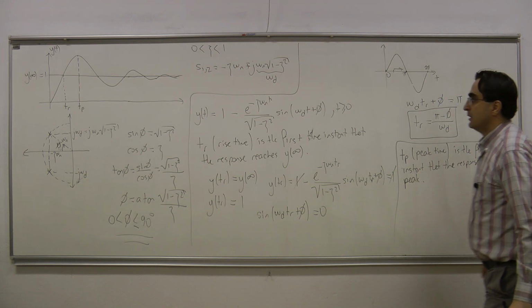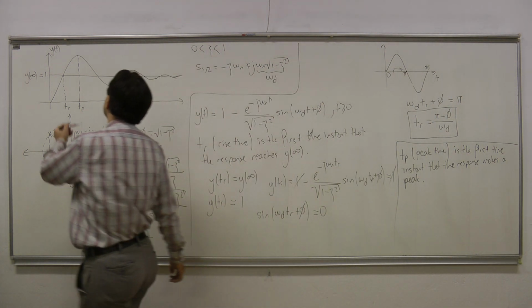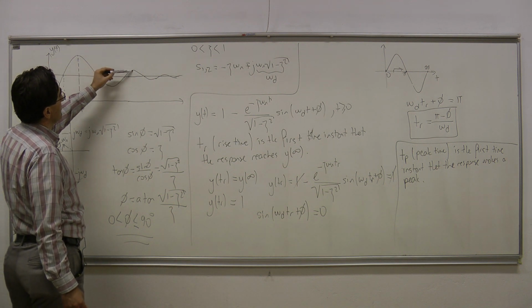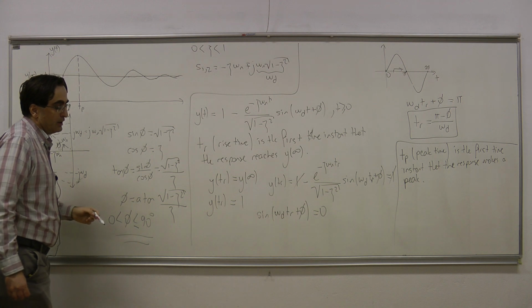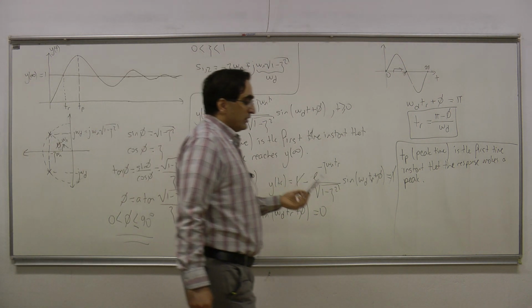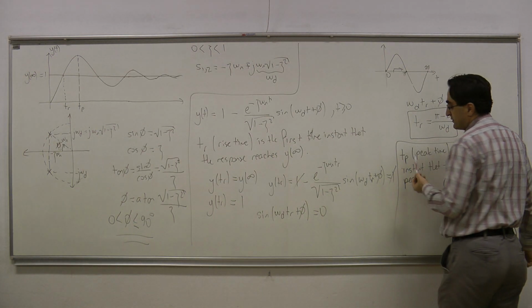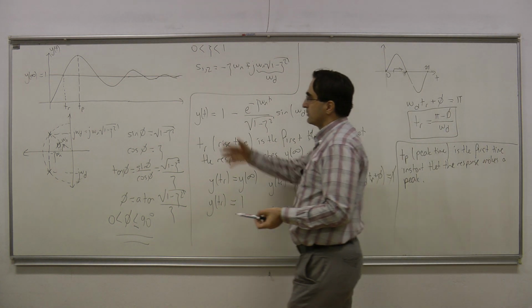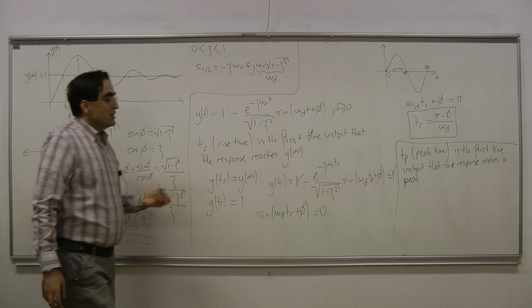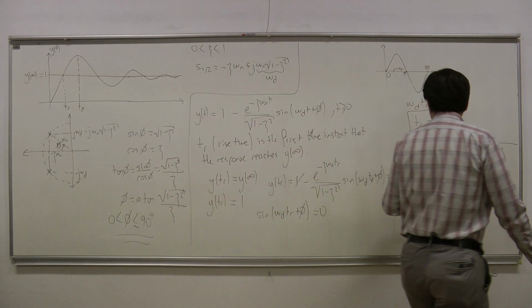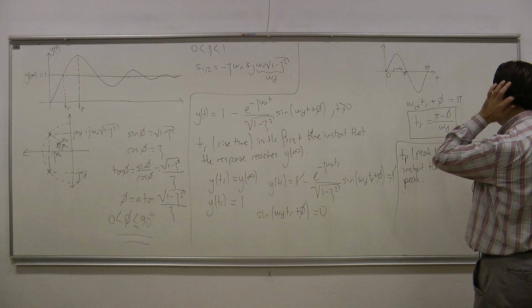Okay? We see that again, the response makes infinitely many peaks. So there is a peak here, there is a peak here, etc. Therefore, if I want to find this peak time among those peaks, I need to choose the earliest one or the smallest one here.